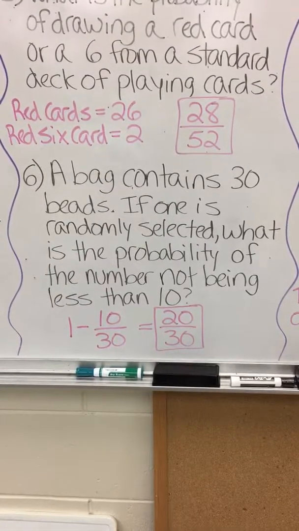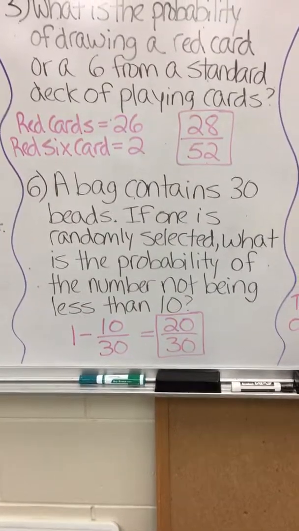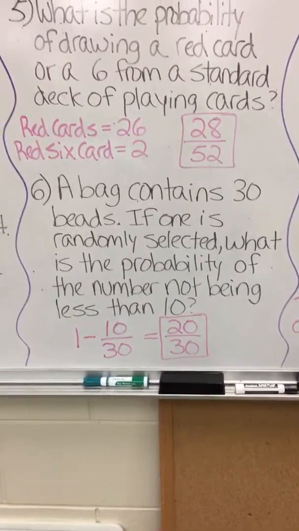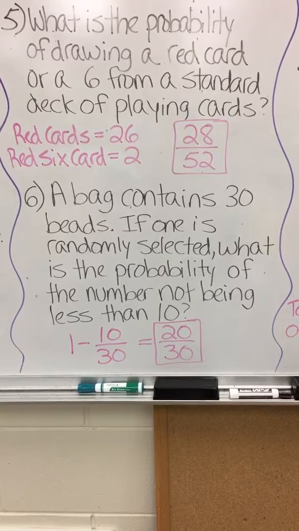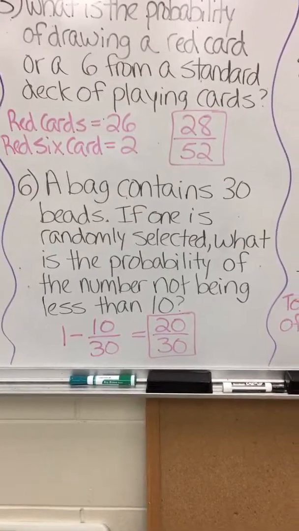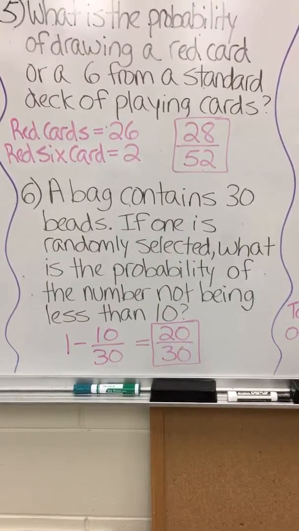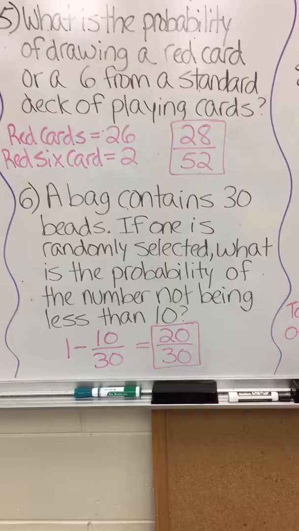So that leaves us with 20 over 30. And the quick way, remember I said to do, is just do 30 minus 10, which gives you 20 for the top and leaves you with 30 for the bottom. Okay, so that's how we do that whenever we are trying to take a probability out of the equation.